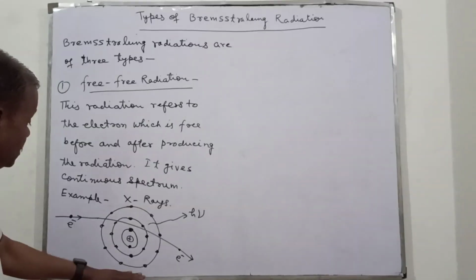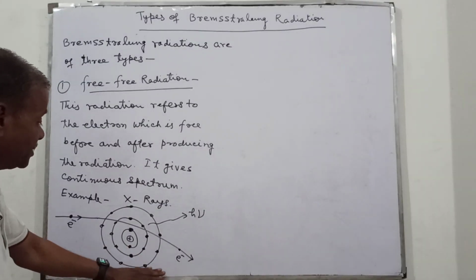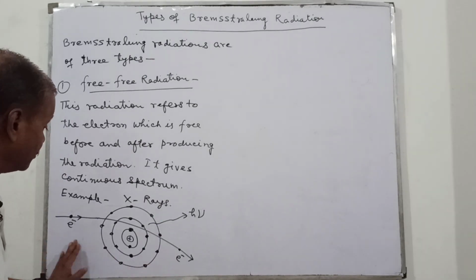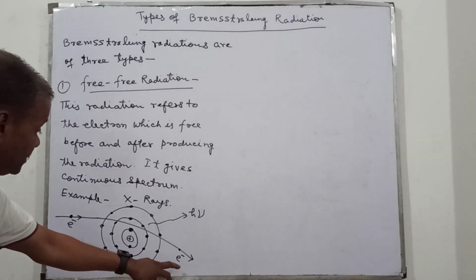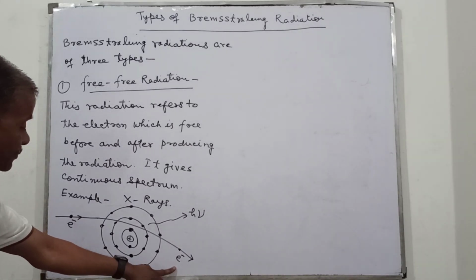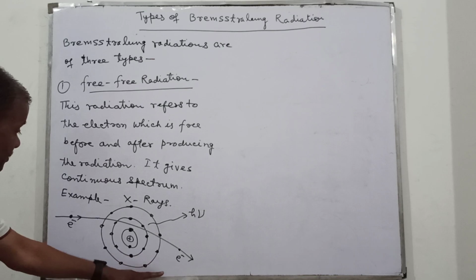So before entering this electron cloud and after passing through this electron cloud, the electron is free.